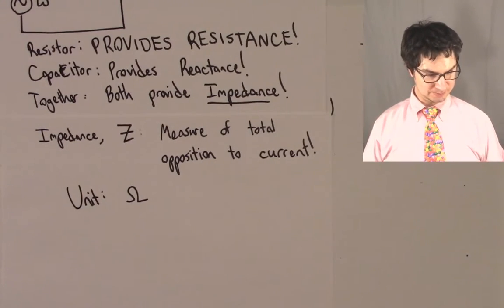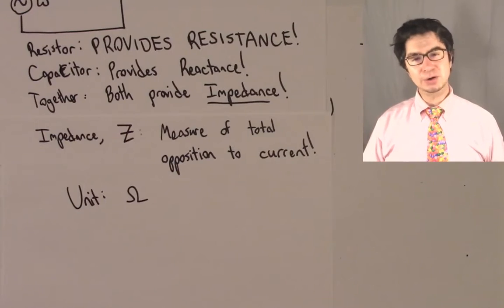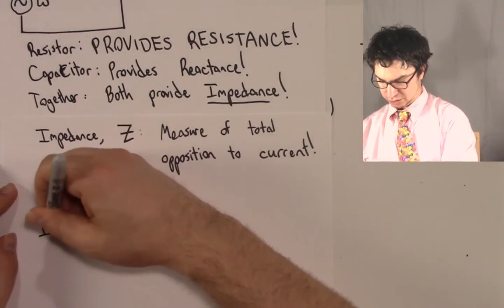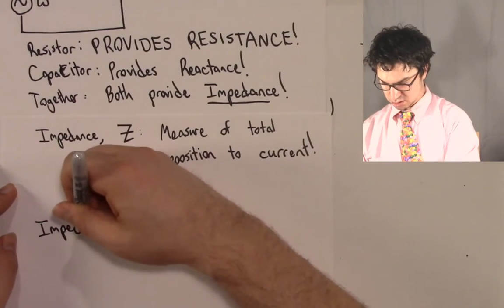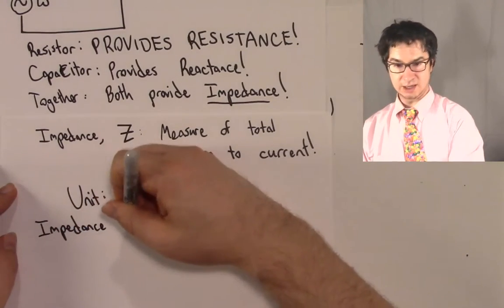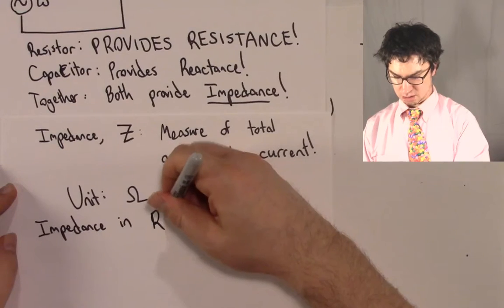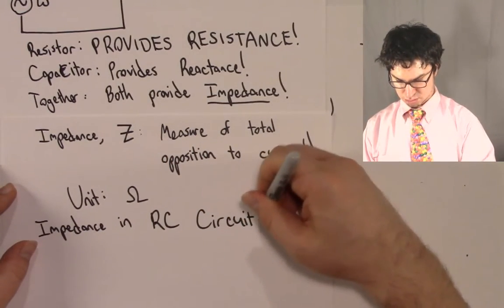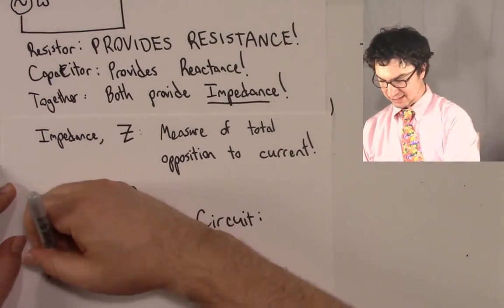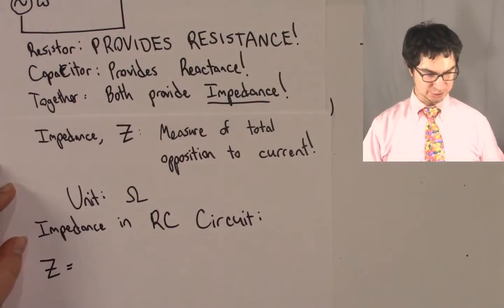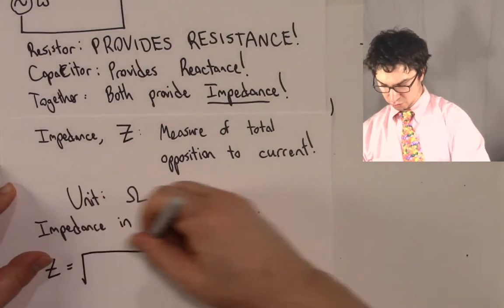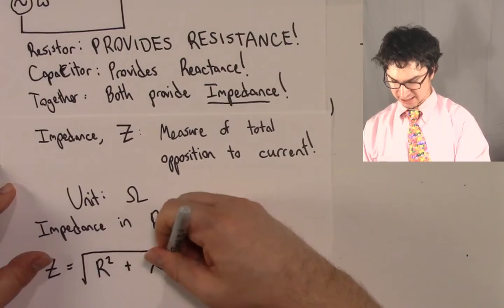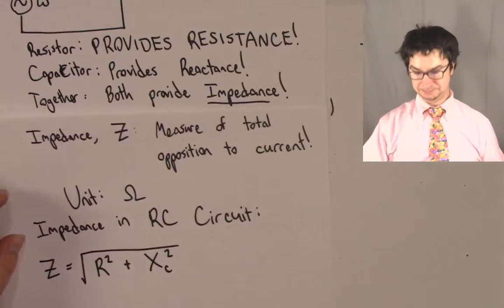All right, good deal. So how do you calculate the impedance in an RC circuit? Here we go. Z is equal to the square root of R squared plus XC squared.